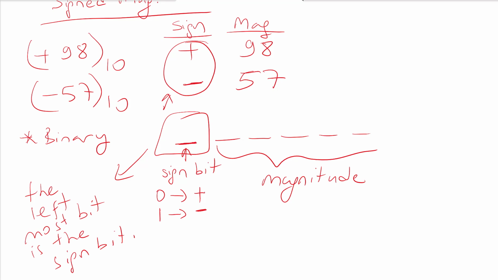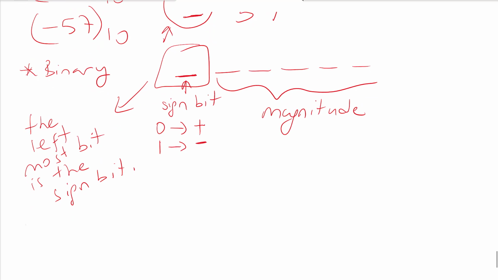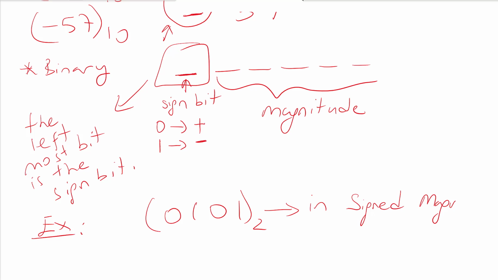So in this representation in binary we can see if the number is positive or negative by looking at the leftmost bit. If it is 1, we will say the number is negative. If it is 0, we will say the number is positive. So let's say I give 4 bits, 0, 1, 0, 1, and I say this is in signed magnitude representation.